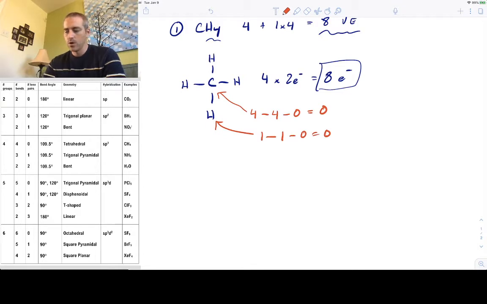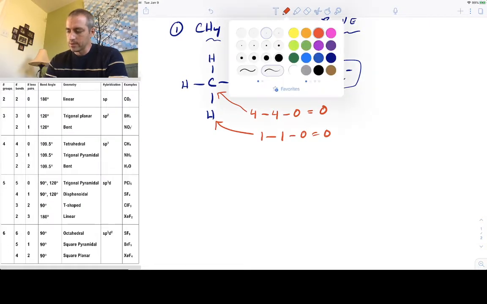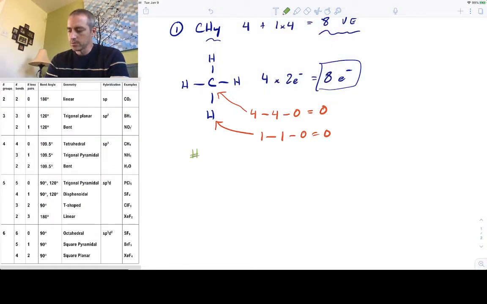And what we can do is go over to our little handy table. What we want to do is count the number of groups that we have for this compound. So the number of groups is going to be equal to the number of single bonds, plus the number of double bonds, plus the number of triple bonds, plus the number of lone pairs.